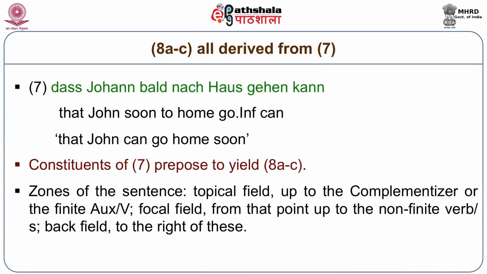You see, the division of the sentence into zones was pioneered by the scholars who studied German syntax. In German, the basic fact to understand as you learn German syntax is that the root sentence in German contrasts with embedded sentences particularly sharply, much more than in other languages.